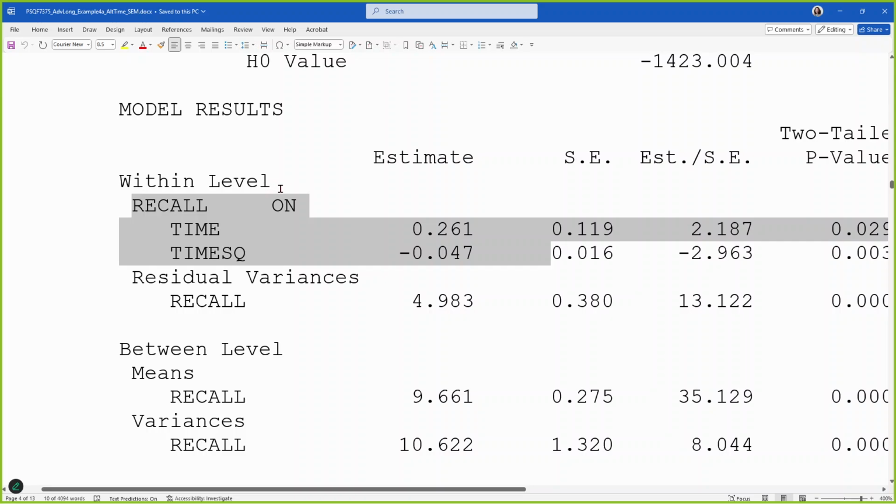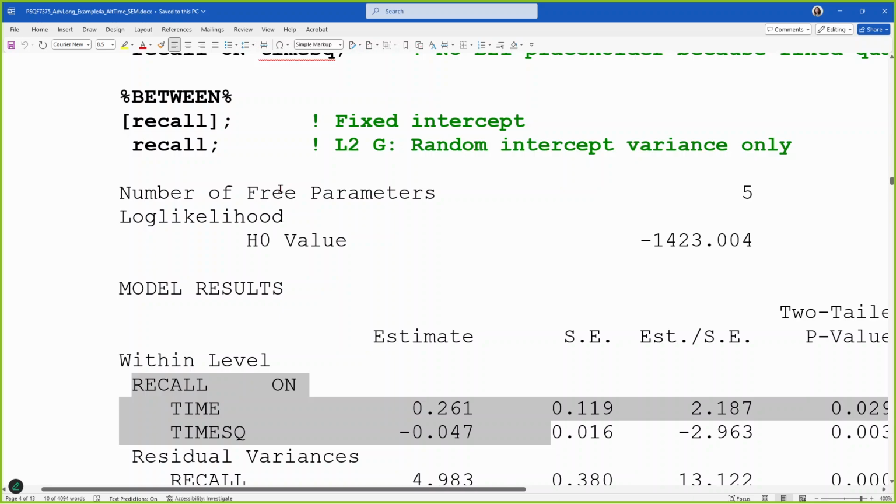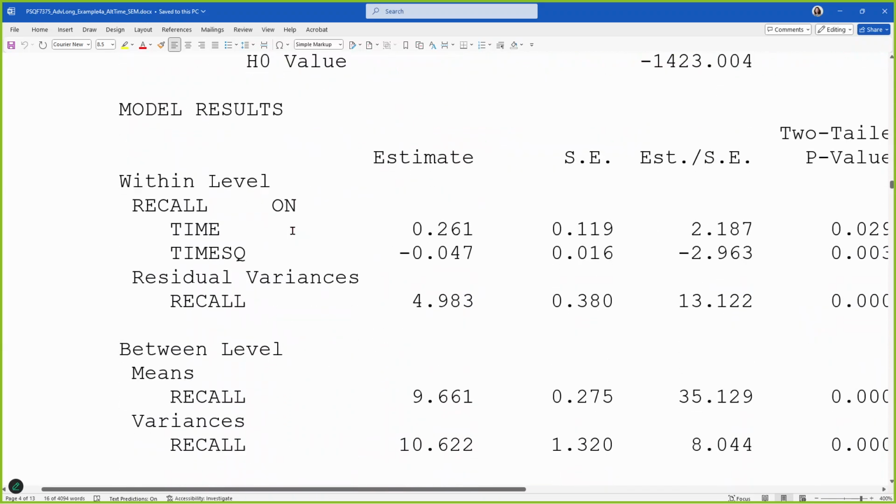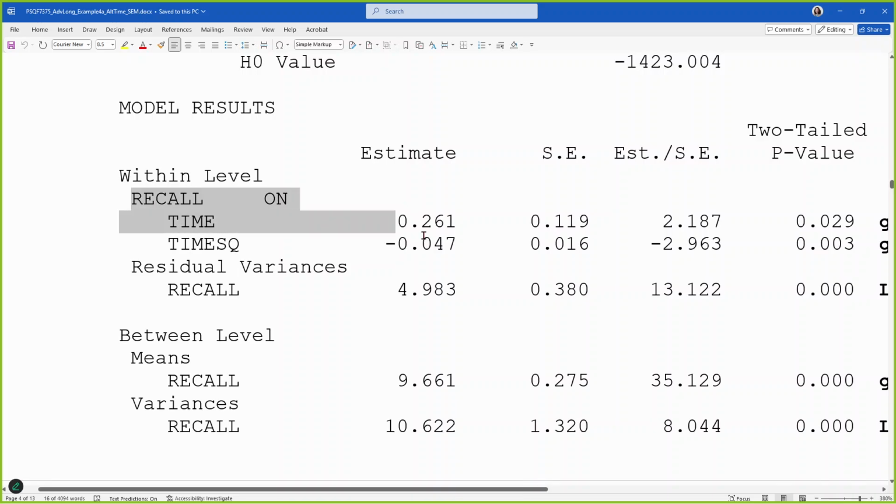Because that's what they are. They're within person changes. I cannot then do any kind of cross-level interaction with time, and I cannot do random slopes if you do it this way. So this is one choice, but it's limited. So I'm adding in 2 fixed effects, 2 fixed slopes. They then show up on the within model.